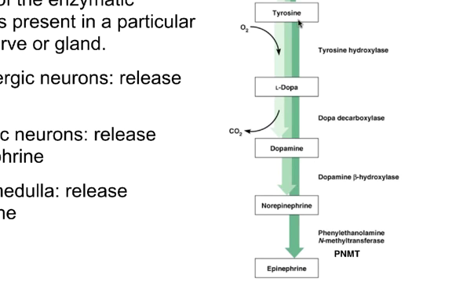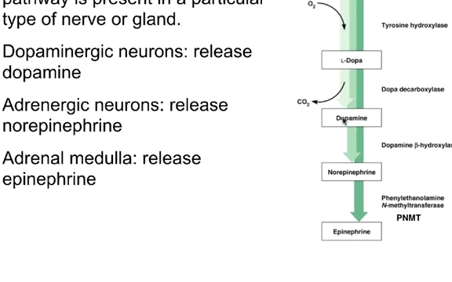However, some neurons release dopamine. They don't go beyond this point. Why? Because they don't have these enzymes. Some neurons release only norepinephrine. They don't go to epinephrine. Why? Because they don't have this enzyme. And finally, some cells produce epinephrine. Those neurons that release dopamine are called dopaminergic neurons.